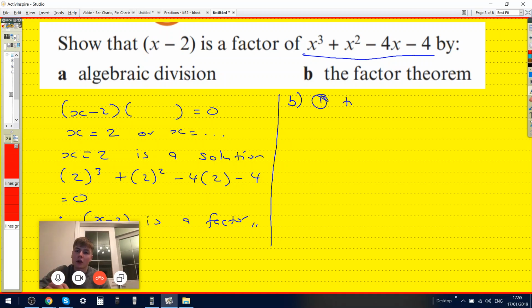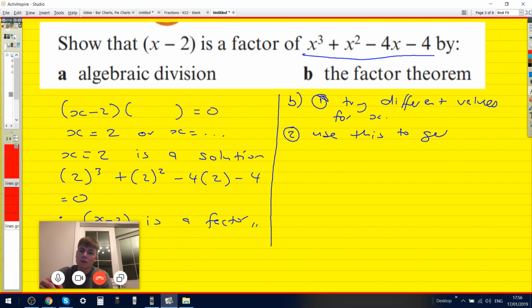Once I'd found one that gives me 0, so let's say x equals 3 gives you 0. Then you'd find the factor. And so if it was 3, then what would be the factor? Minus 3. X minus 3. Yes.